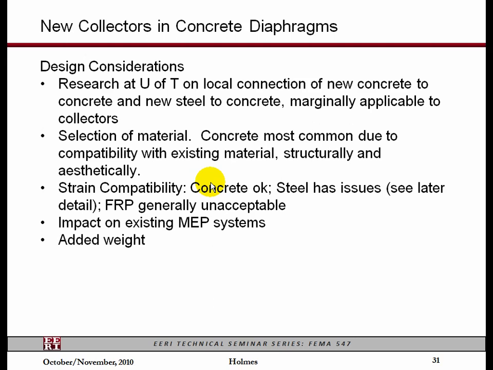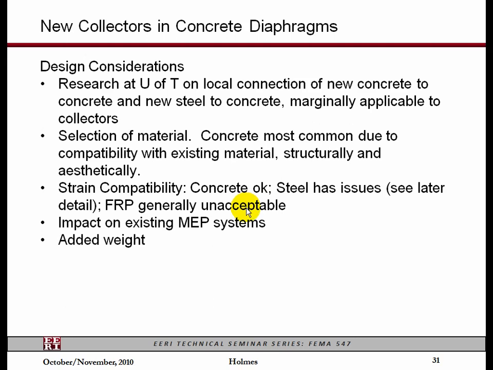So if you start pulling on that plate, the first bolt in line will take all the load and fail, and then the load will be transferred to the next bolt and it will fail. So you get a zipper effect and you simply fail the entire line. So that is a strain compatibility problem. So you have to be very careful to use a steel plate as a collector.